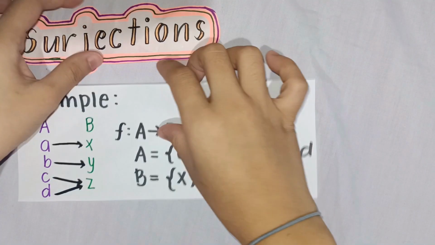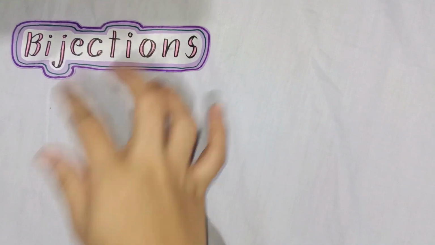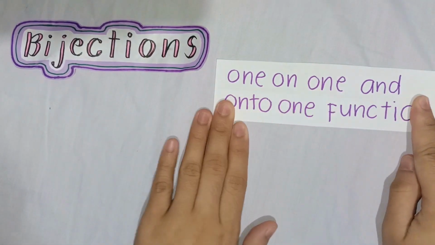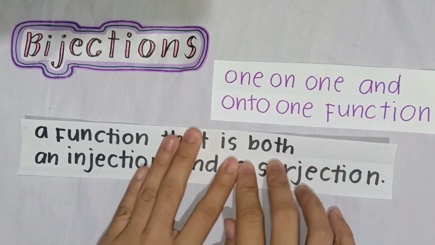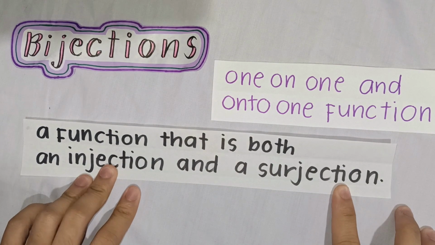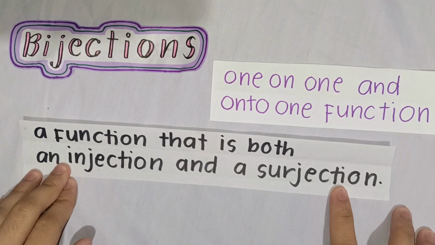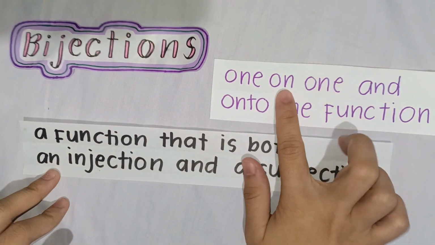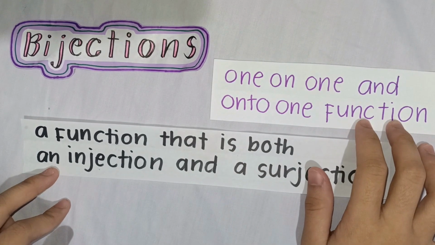Bijection, or also known as one-to-one and onto function. This is the function that is both an injection and a surjection. If a function f is a bijection, that means that the function is both a one-to-one and onto function.